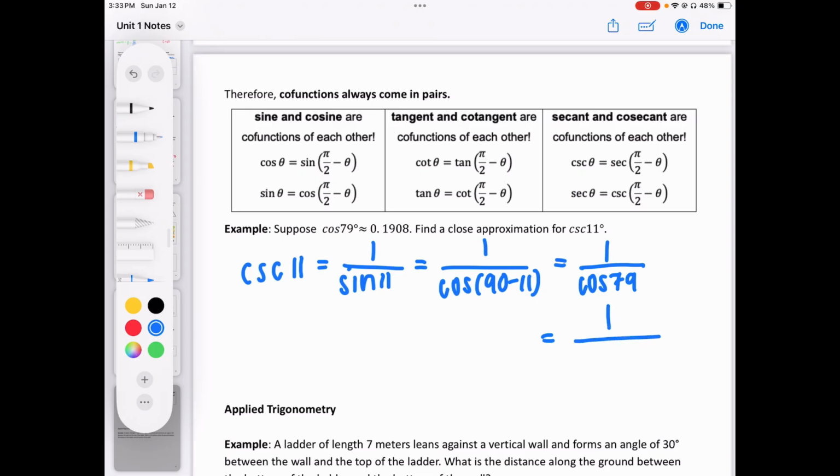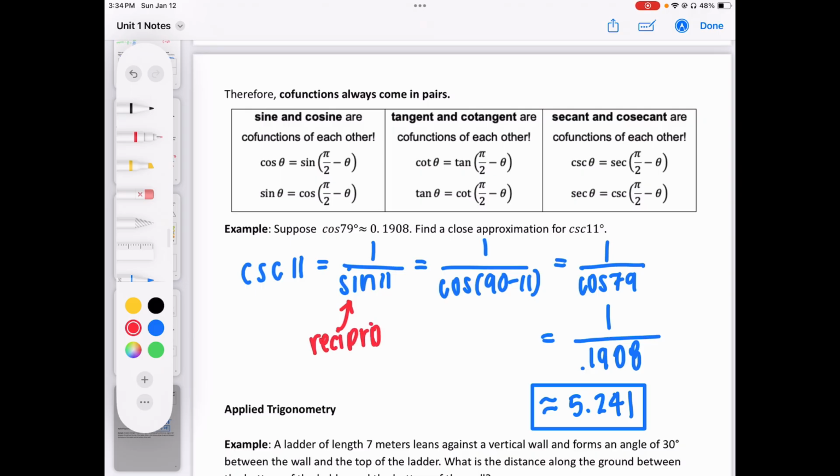So 1 divided by 0.1908 is going to be approximately 5.241. So this was the reciprocal, and this was a cofunction.